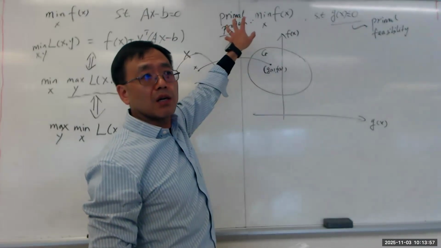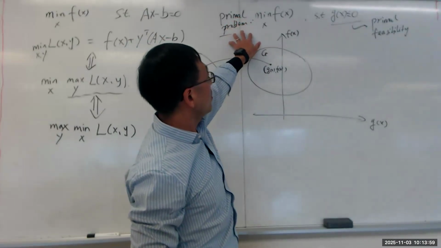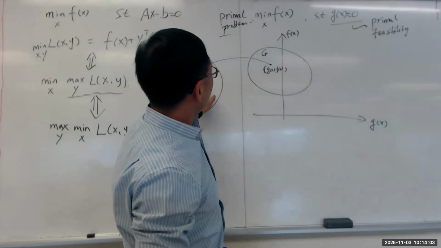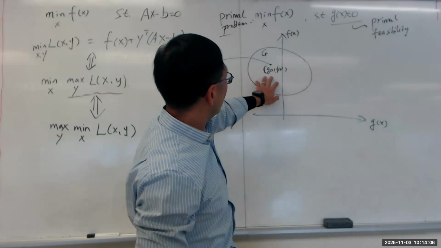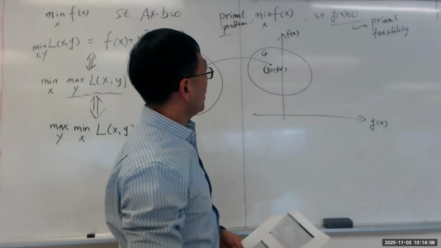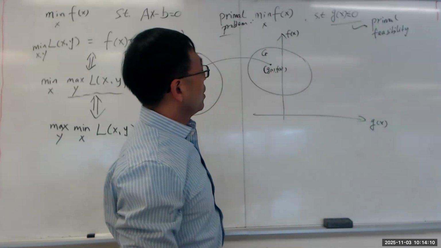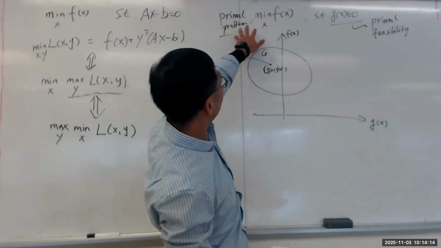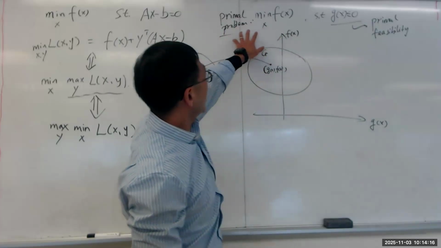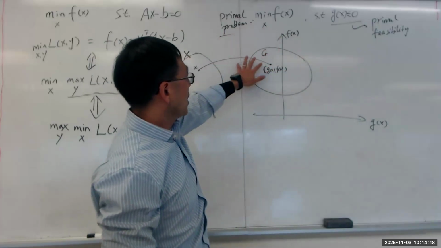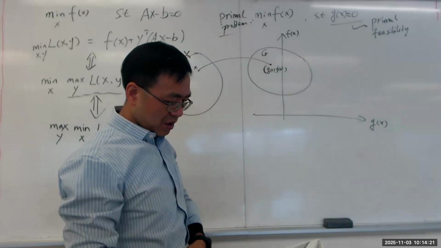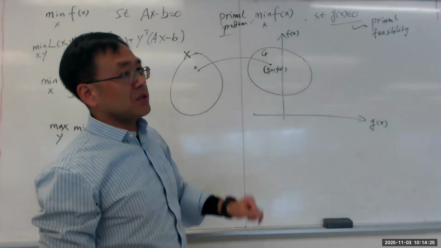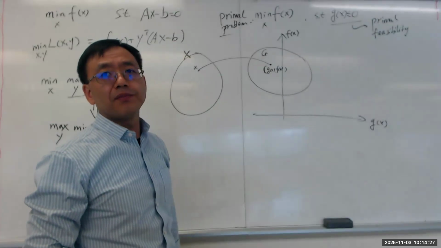So this is the primal problem, and this is the primal feasibility, and we have this projected to this region. Now for the primal problem, what is the solution? If you want to find the minimum of this f(x) in this region, which point is the minimum value?